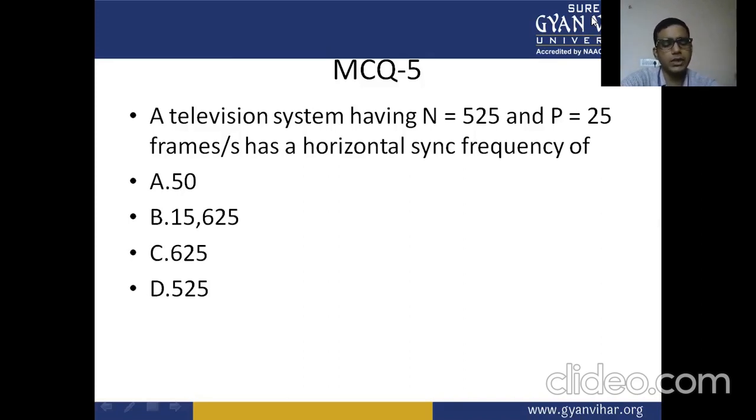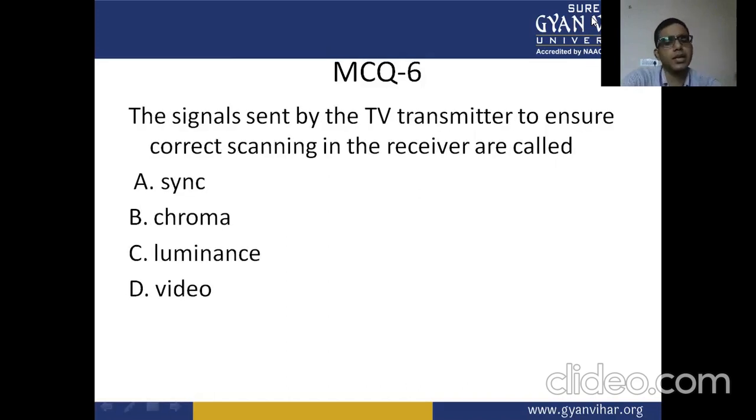This is based on the NTSC scheme or NTSC system. Next, the signals sent by the TV transmitter to ensure correct scanning in the receiver are called A sync, B chroma signal, C luminance, and D video signal.